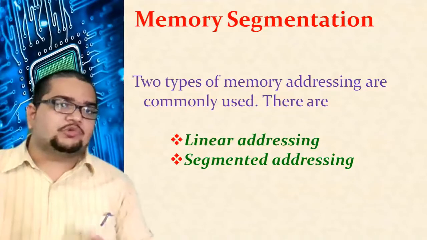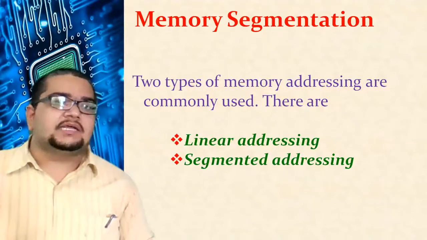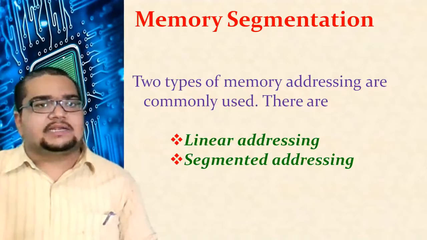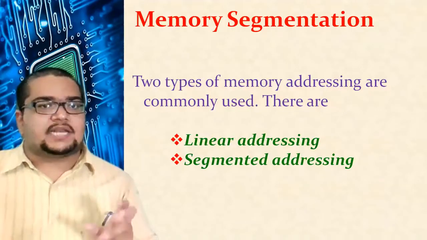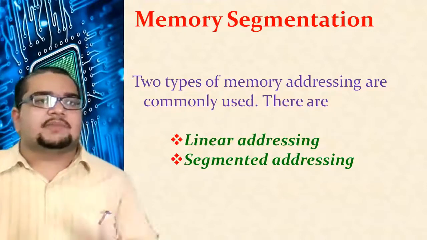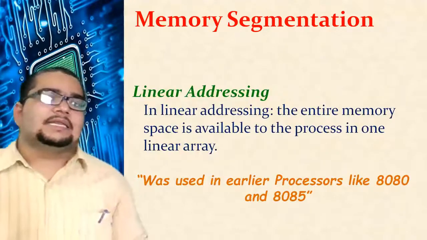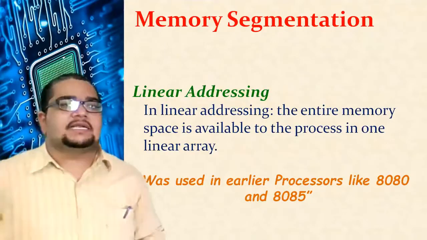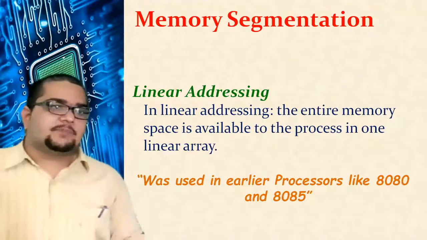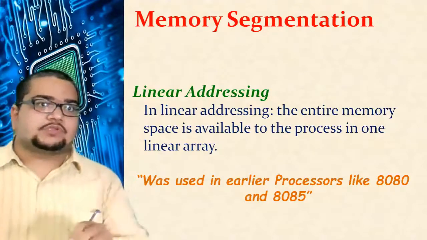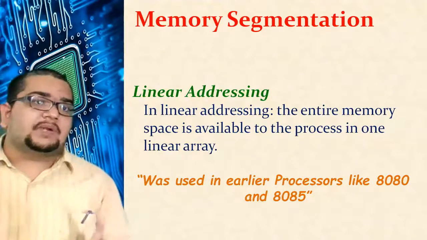Whereas up to 8085 we had linear addressing methods, where the complete address is taken as one entity and the memory location was addressed according to it. In linear addressing, the address of a memory location in a processor will be held in one particular register.